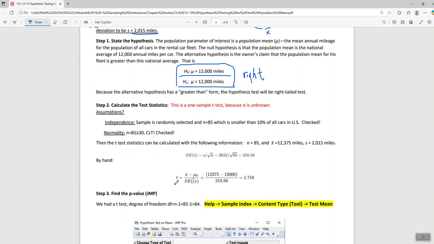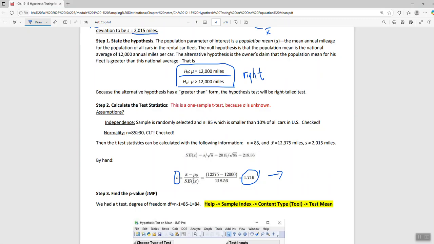Since the population standard deviation is not given, we have the t test statistic, and we use it to find the corresponding p-value to the left, to the right, or in the middle. It depends on what kind of hypothesis you have. In this case, we have the right tail hypothesis, and we can use JMP to find the p-value instead of going through this calculation.